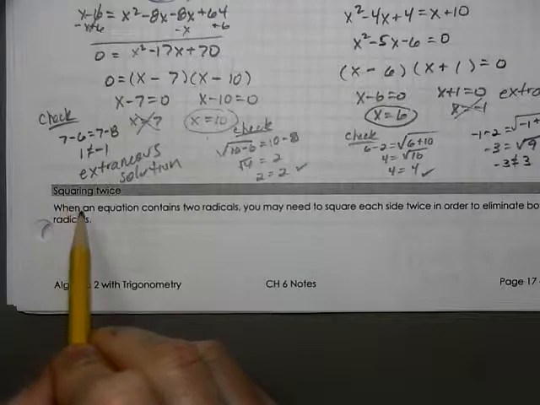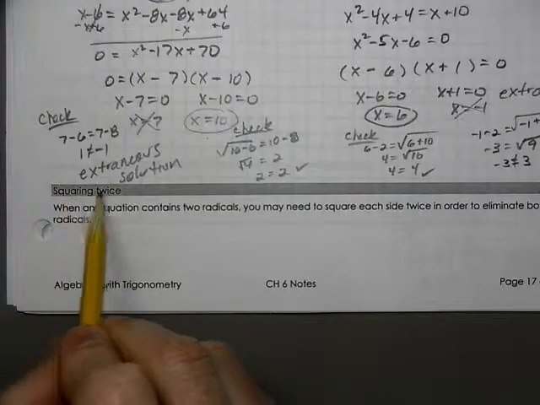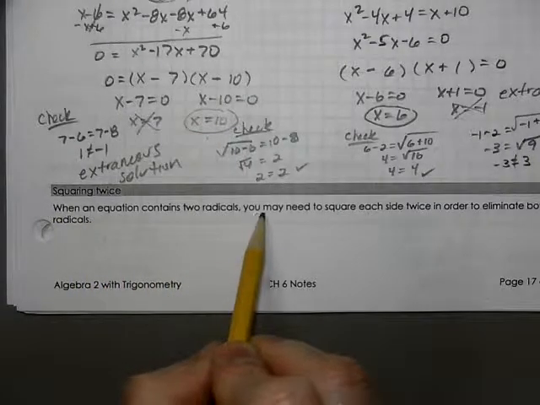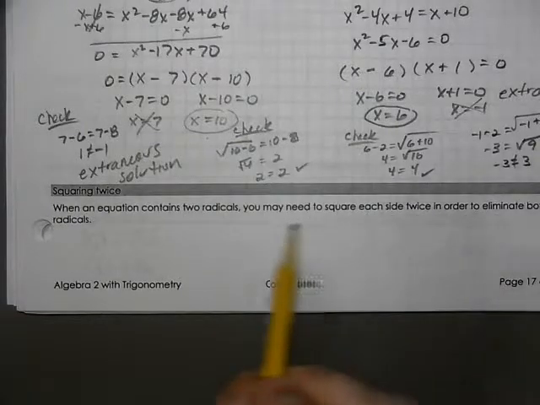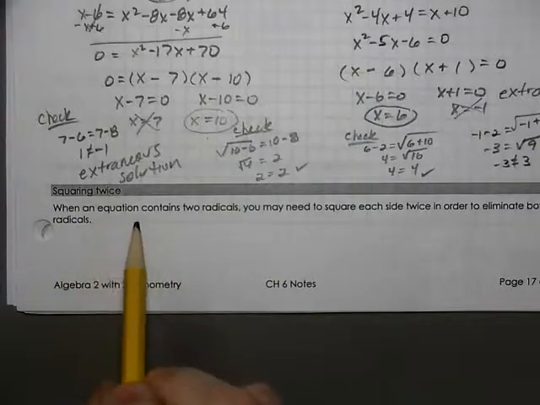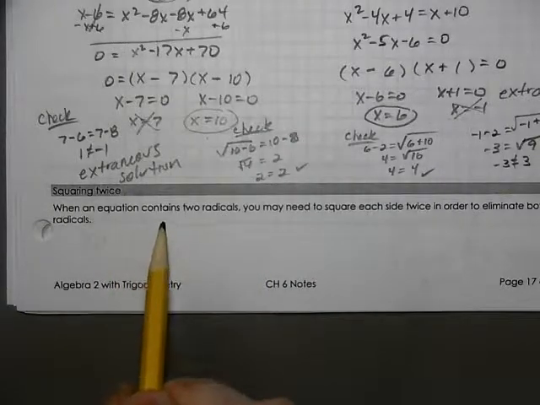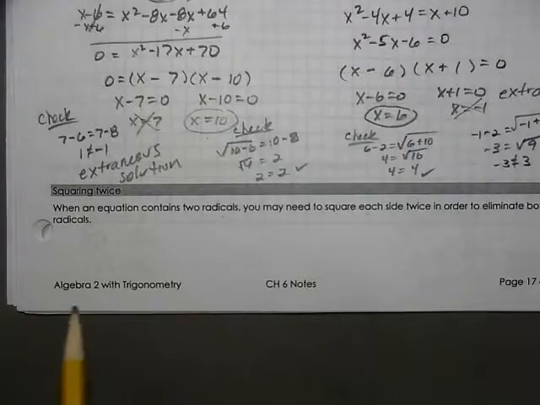Okay. Sometimes you might be dealing with something where you've got to square twice. When an equation contains two radicals, you may need to square each side twice in order to eliminate the radicals. You still want to get a radical by itself, and then you have to do all the math, and that leads you to still have a radical, and you might have to do it again.